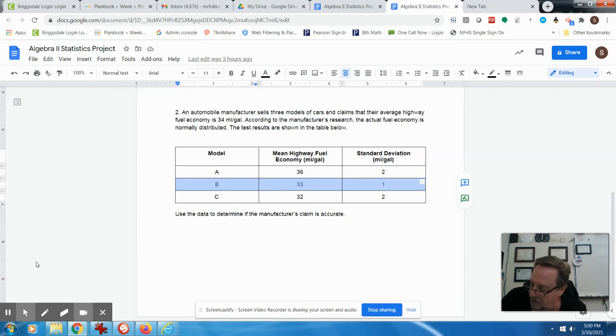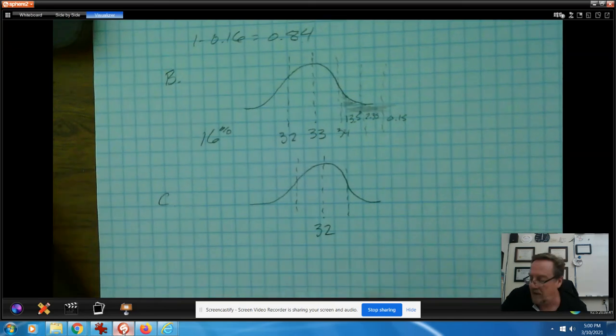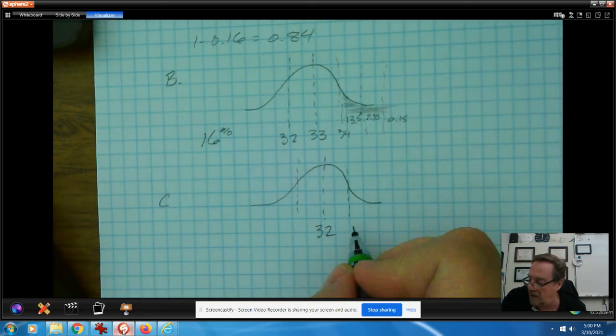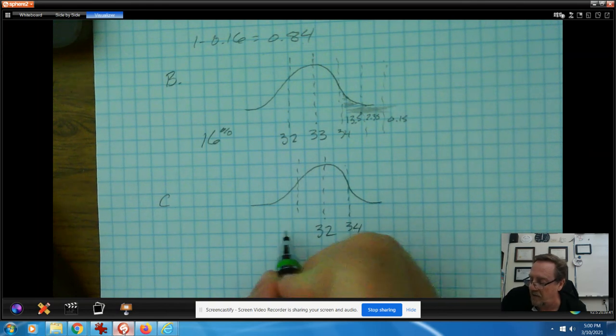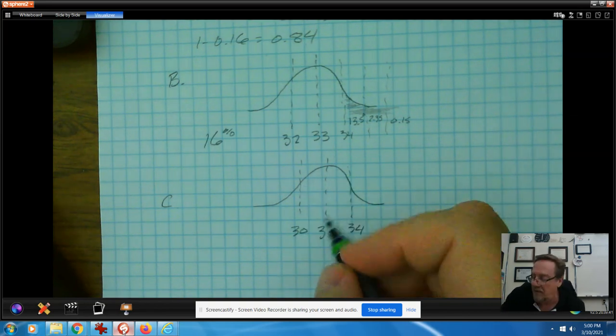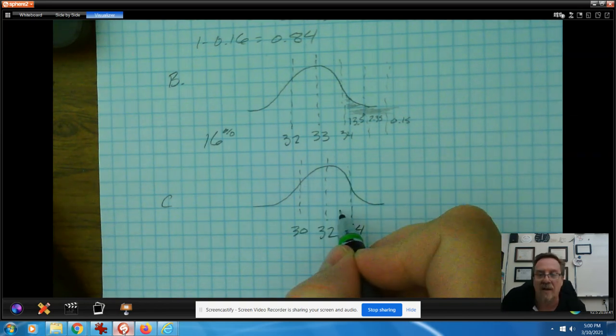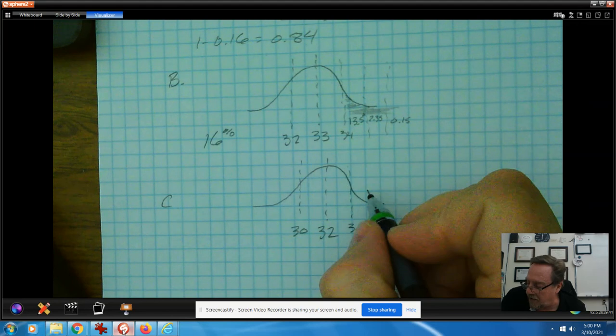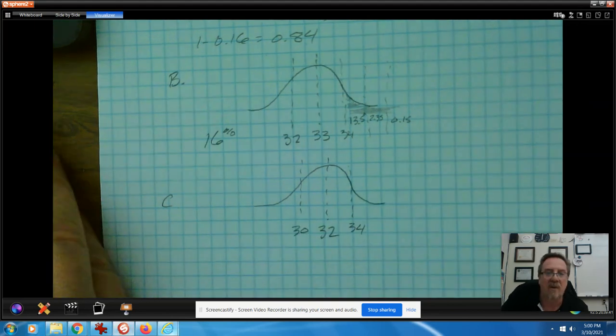So, drawing my curve, I put 32 at the median. Since the standard deviation is 2, up here we've got 34. Down here we'd have 30. I don't really need any other markings. I just know that 1 standard deviation away, it gets to 34. See what I'm saying?